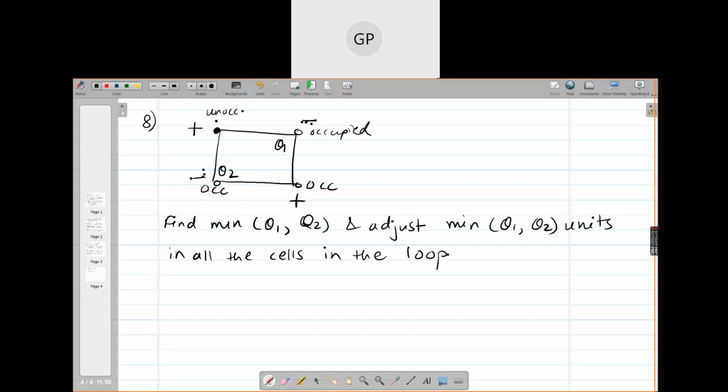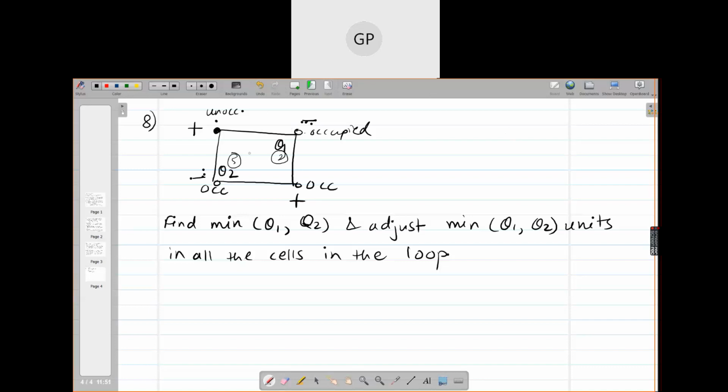That means suppose here there are 2 units and here 5 units. So what is the minimum of 2 and 5? 2.